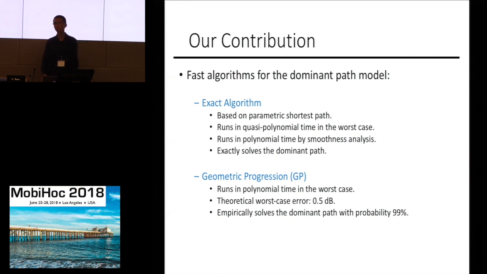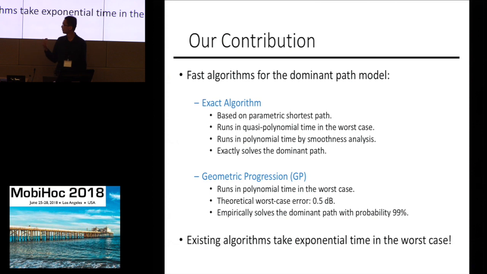We also did some simulations showing that empirically this geometric progression algorithm finds the dominant path with very high power. And by the way, I have to mention that all the existing algorithms have worst case exponential time complexity.